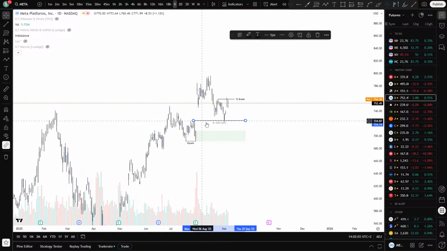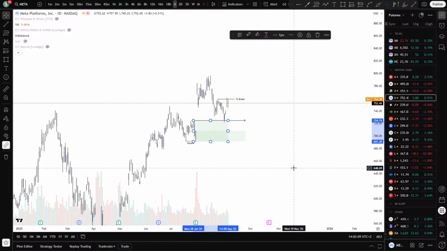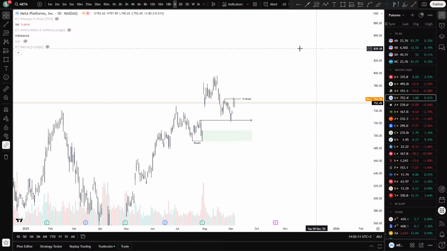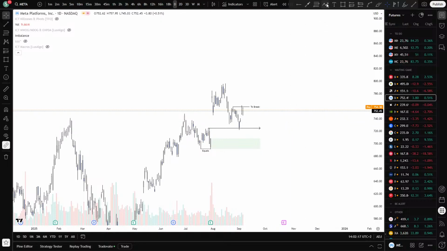Meta tapped into this zone. This is a refined demand zone. If you want to draw it in like the bigger picture, this is your demand zone where Meta tapped into. In this pull down, we made this high that brought you towards a new low.